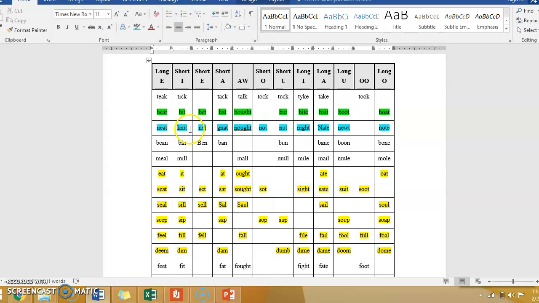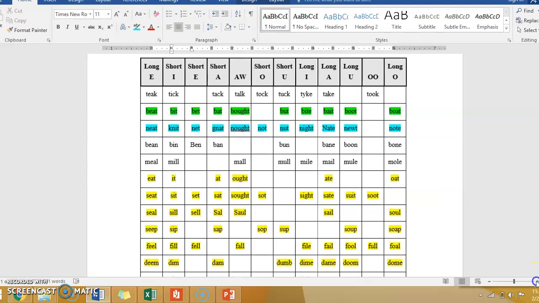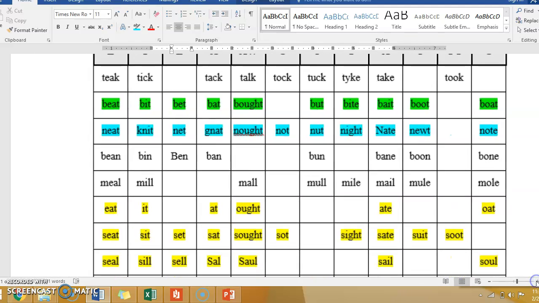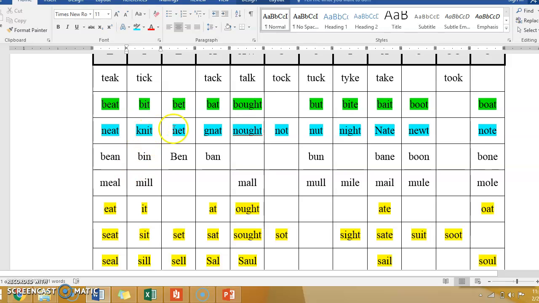Neat, knit, because the K is silent over here. So, knit. Let me make this larger, sorry. Knit, net, gnat. The G is silent as well. Not, like bought, like talk. Not, I am not happy.